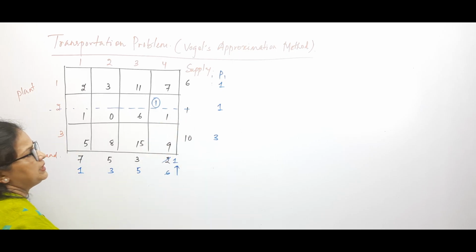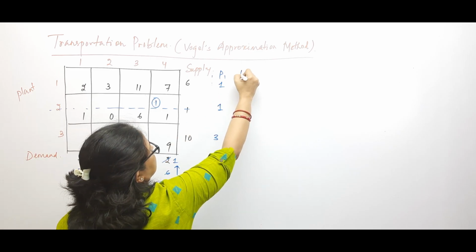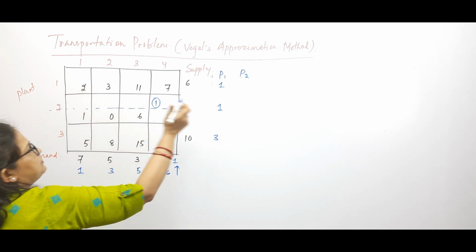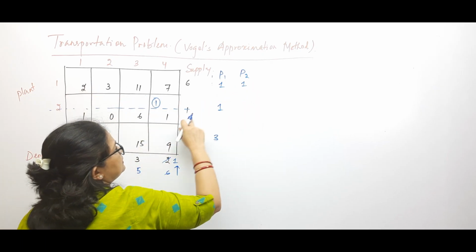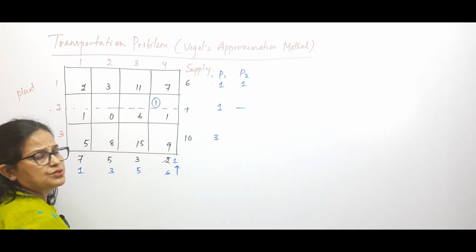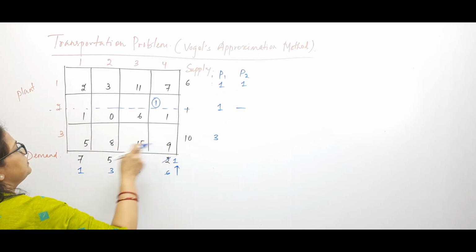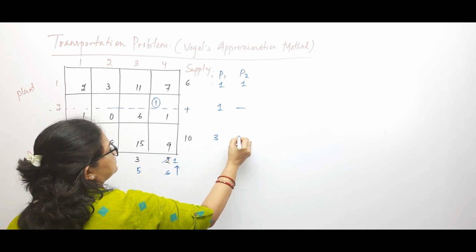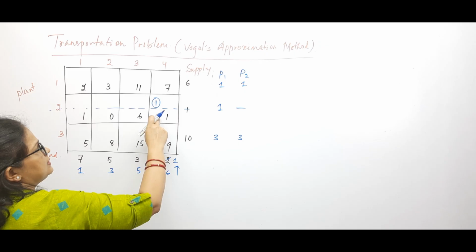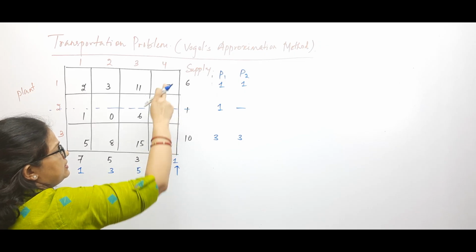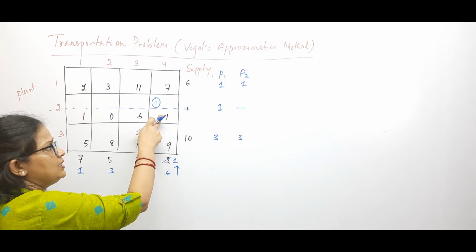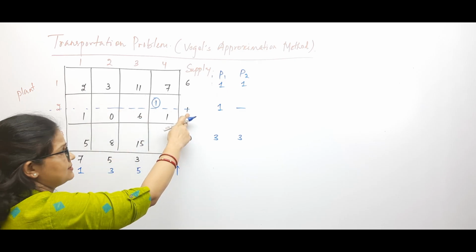So next we need to calculate the penalty, that is P2. For the same row, the difference will be 1. Here there is no supply, so there will be no calculation. Here the difference is again 3. Here it is 7 and the next is 9, because 1 is already allocated and this row is cancelled.